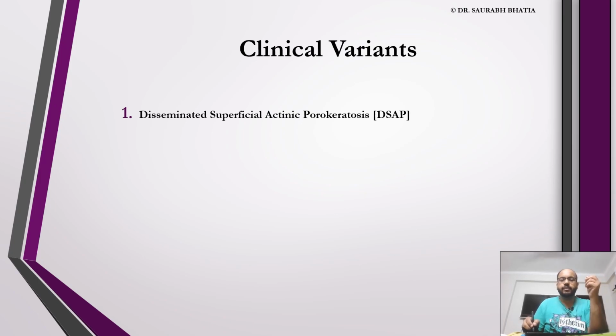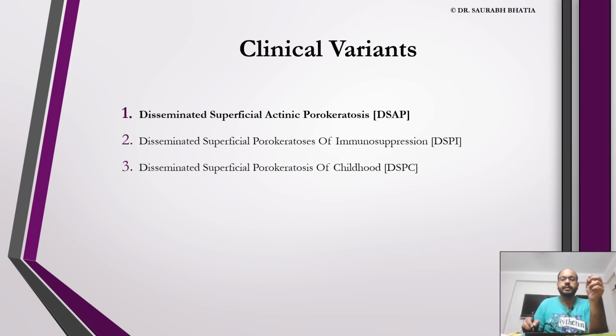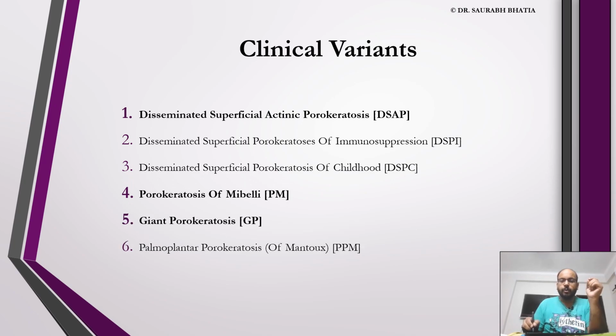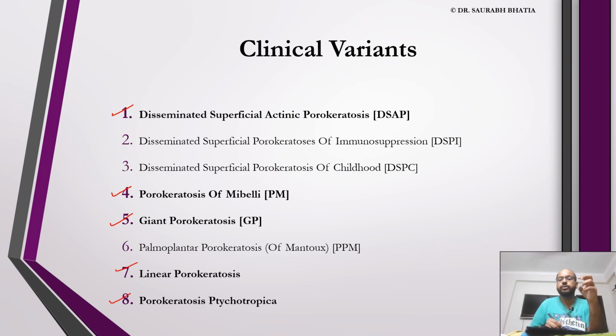So first you have disseminated superficial actinic porokeratosis, and a subset of that is disseminated superficial porokeratosis of immunosuppression, disseminated superficial porokeratosis of childhood, porokeratosis of Mibelli, giant porokeratosis, palmoplantar porokeratosis of Mantoux, linear porokeratosis, and porokeratosis ptychotropica. Now, all the variants that I have marked in bold are the variants that you should know about at residency level, and we'll discuss them further in the lecture.